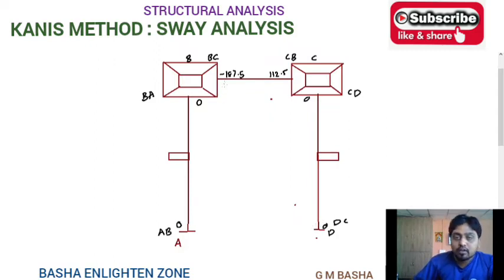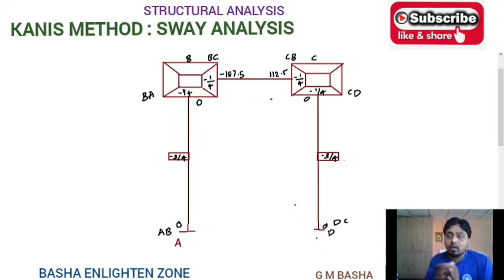Because while calculating rotation factors, rotation moments, it will be difficult. It will be aside means. Then take down rotation factors. Rotation factor BA will be equal to minus 1 by 4, and here minus 1 by 4, and here minus 1 by 4, and for CD also minus 1 by 4. And what about the displacement factors? It will be minus 3 by 4, and for DC displacement factor will be minus 3 by 4.